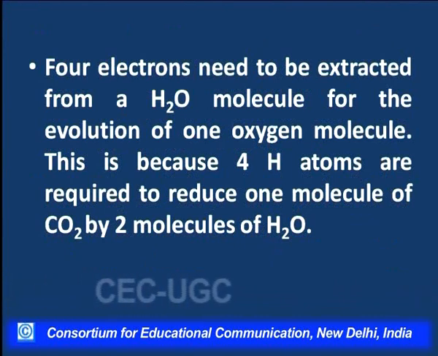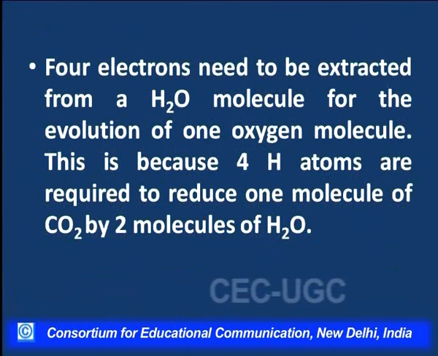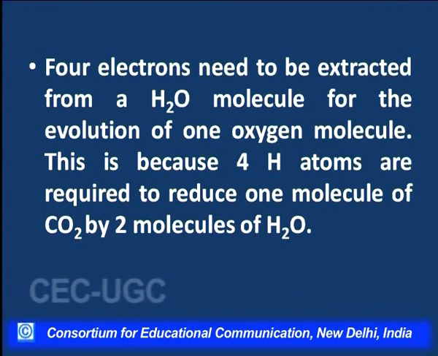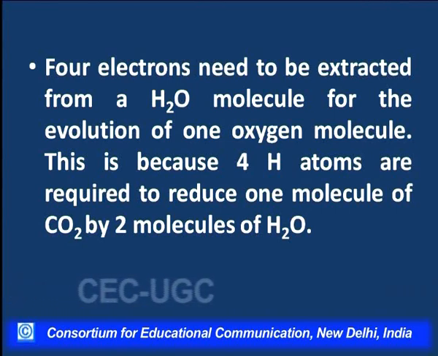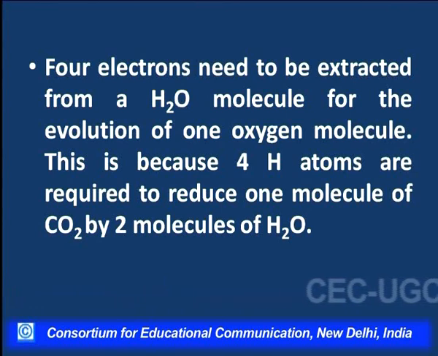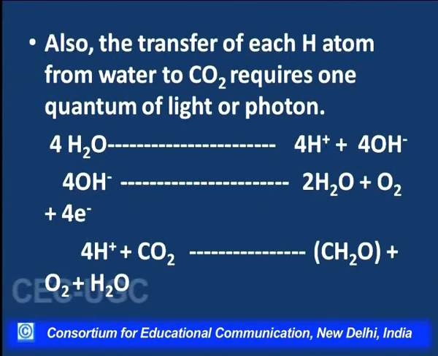In the present equation on photosynthesis, we find that 4 electrons need to be extracted from a water molecule for the evolution of one oxygen molecule. Why is it so? Because 4 hydrogen atoms are required to reduce one molecule of carbon dioxide, indirectly 2 molecules of water.